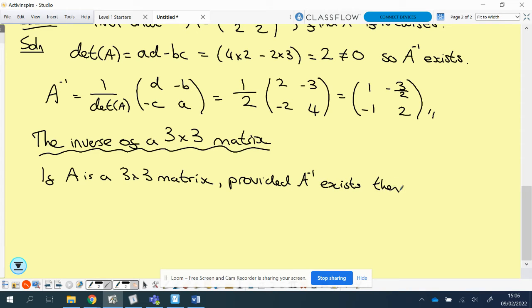Then we've got the same scenario. Then A times A inverse would equal the identity matrix. But also, if I do A inverse times A, I can multiply them the other way around and I'll still get the identity matrix there. So providing it exists, we find it, then we know if we multiply them either way we get the identity.